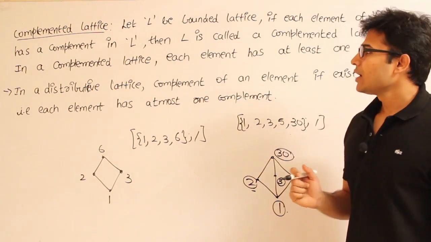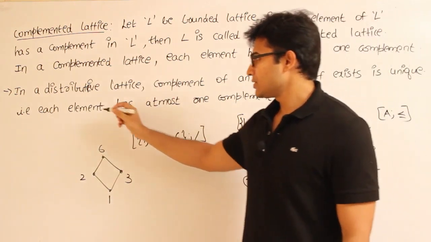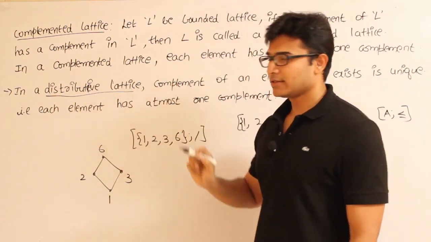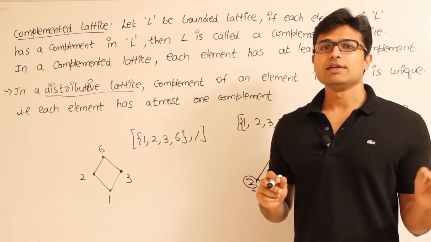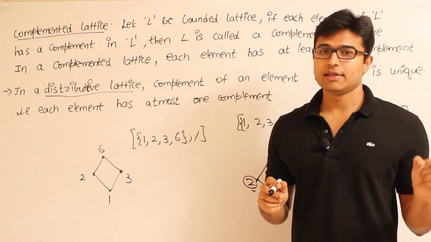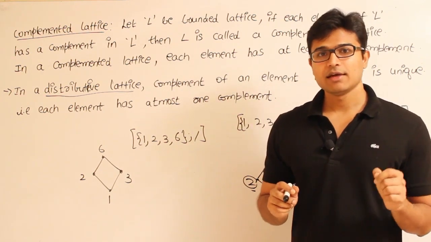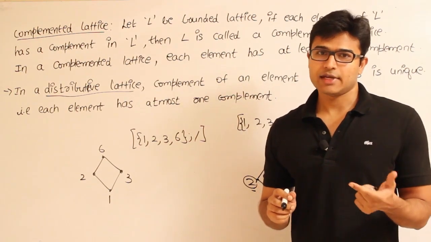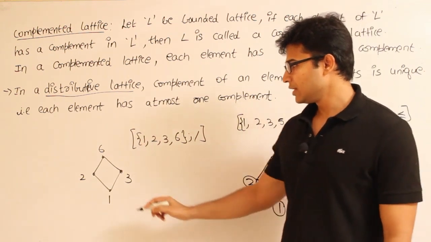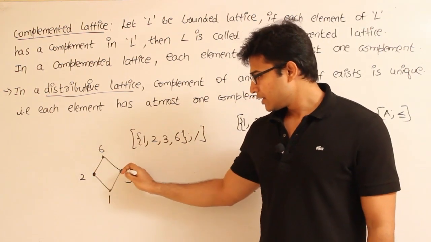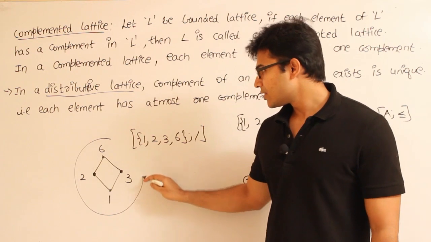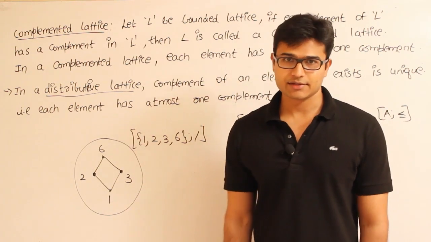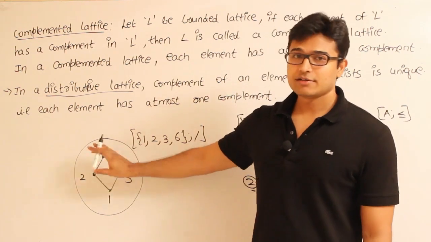Okay, now coming to the distributive lattice, one interesting point is there. In a distributive lattice, if every element has a complement, then it should be unique, which means there should be at most one complement for an element. For example, there is a chance that this particular lattice might become a distributive lattice, but I am not saying that it is one.